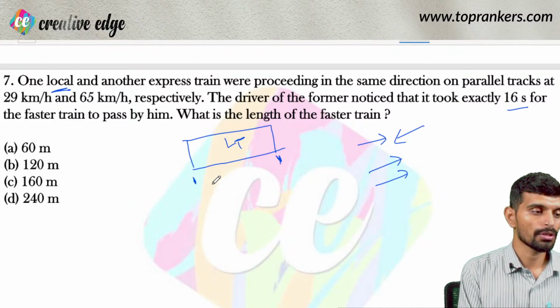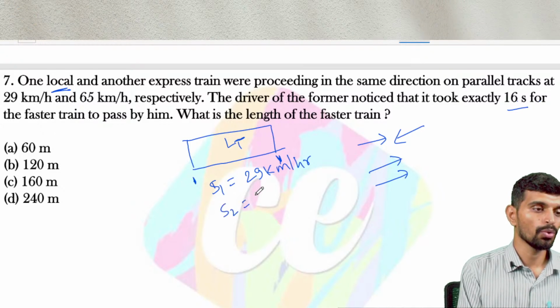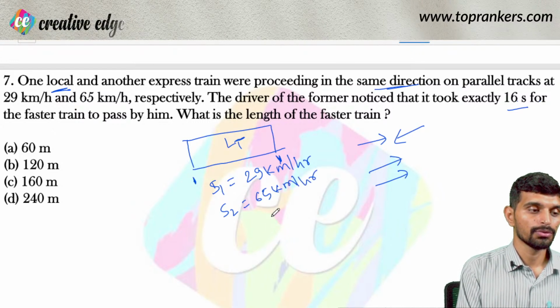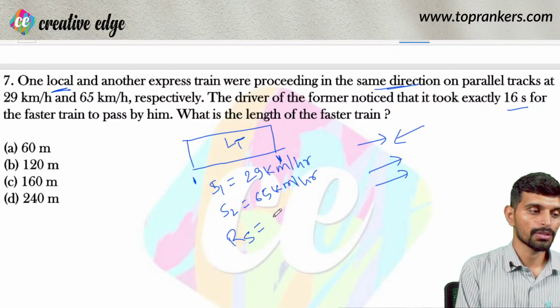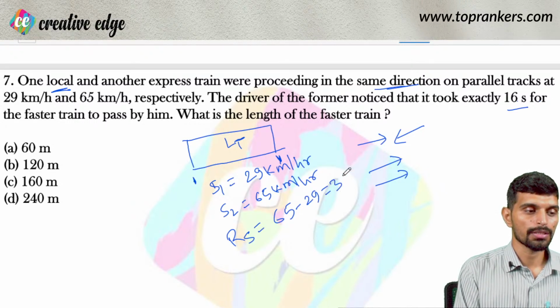So speed of train 1 is 29 km per hour. Speed of train 2, same direction is mentioned here, 65 km per hour. So relative speed should be 65 minus 29, that is 36 km per hour.